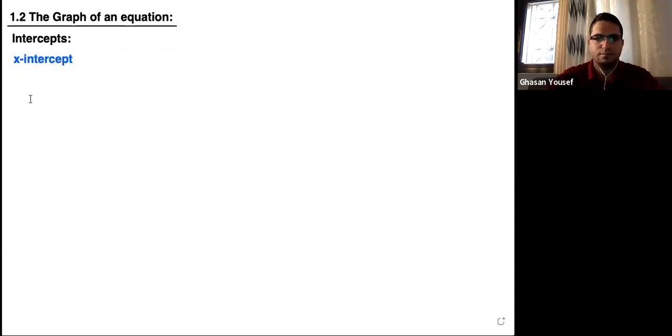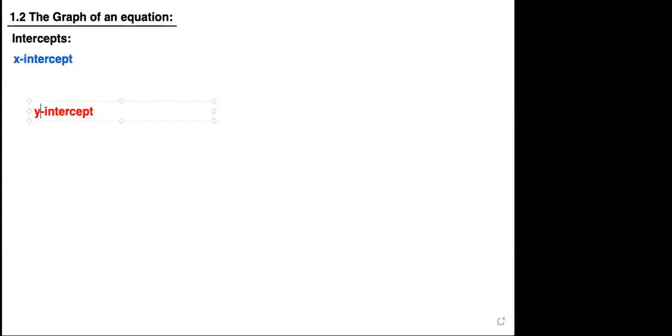How can we find the x-intercept? Any idea? When the value of y is 0. Exactly.